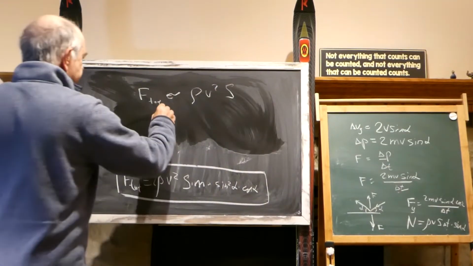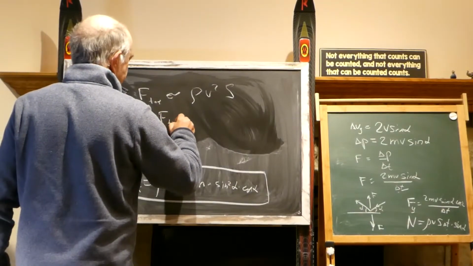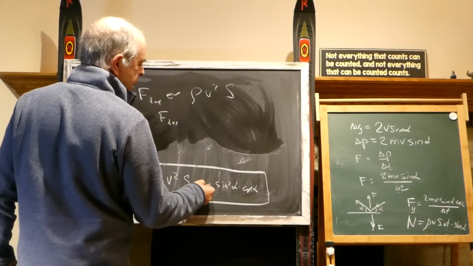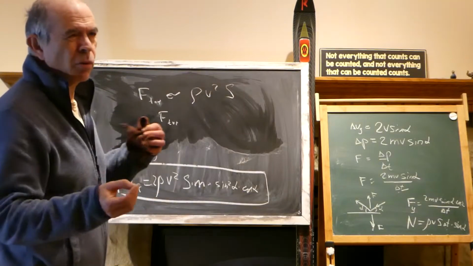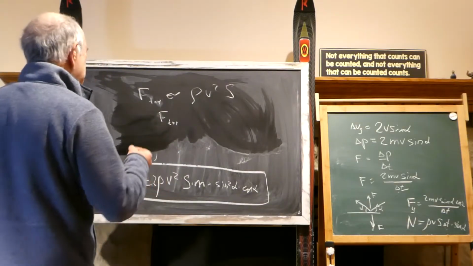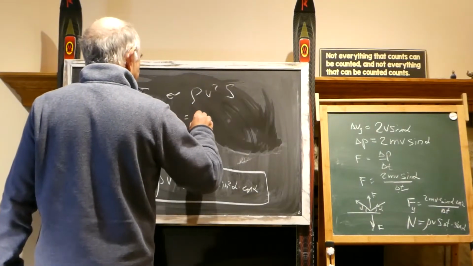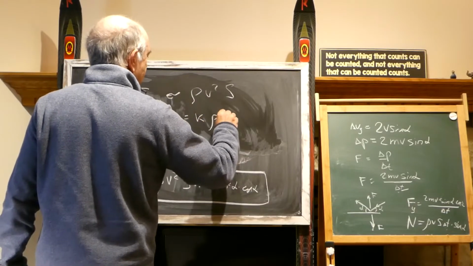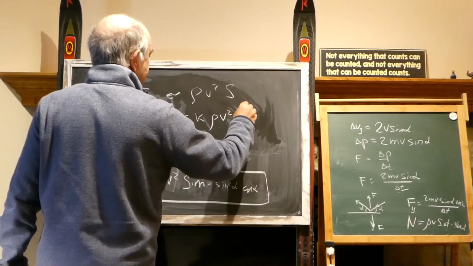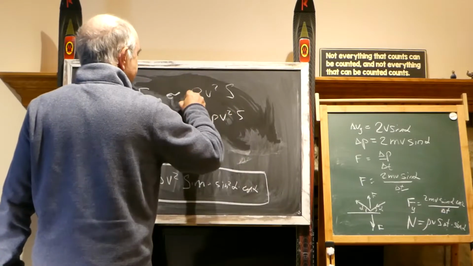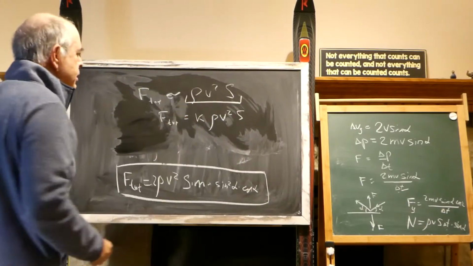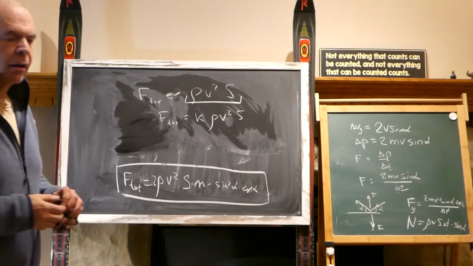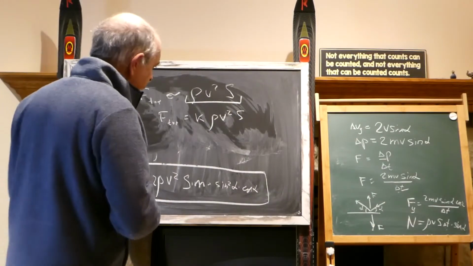There is some coefficient, because I don't know the mass of the molecule, and I assume that all molecules are moving with the same speed, which is not true. But this is basically some coefficient multiplied by rho, multiplied by v squared, and multiplied by s. And those are the three most important things that are here.